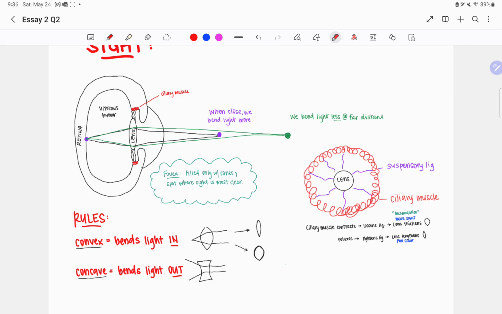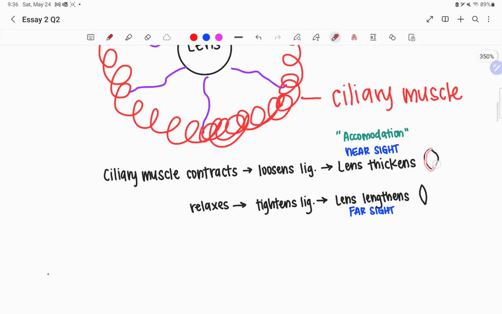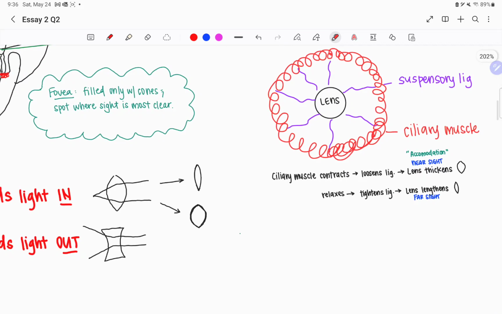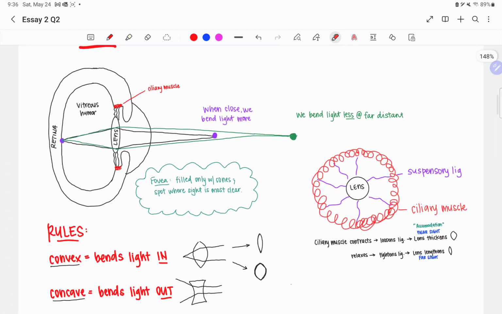Okay, so as the ciliary muscle contracts and comes in, the suspensory ligaments loosen, right? They're not being pulled tight. So then that allows the lens shape to get kind of fat here. Like this. Okay, and so that's going to happen when we're looking at something that's close to us, because we need to bend the light more than when it's far away.